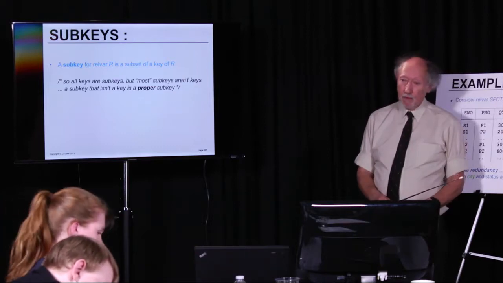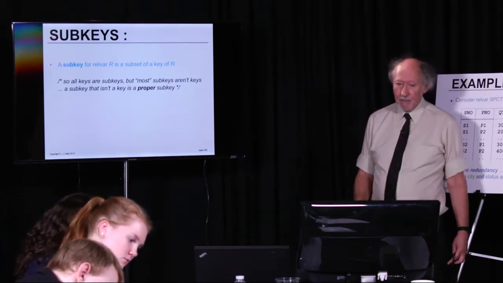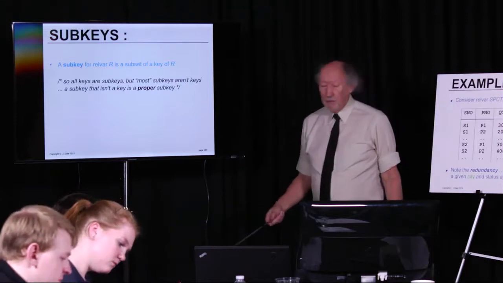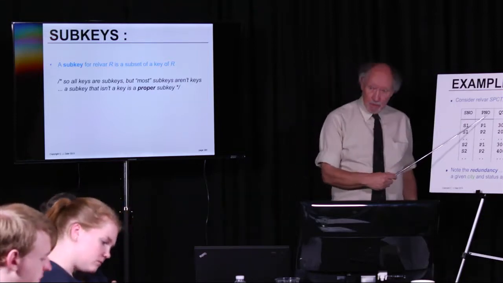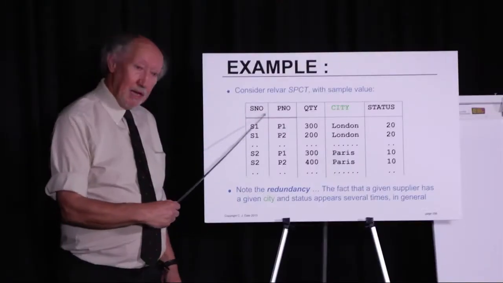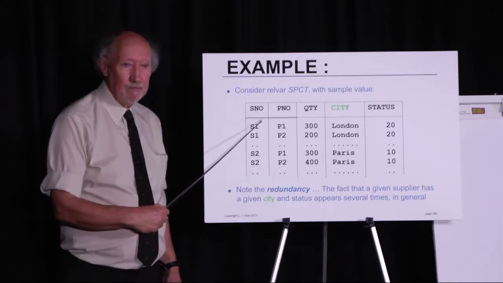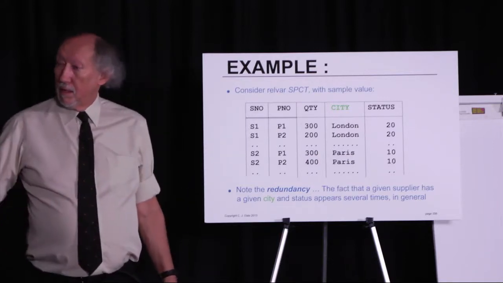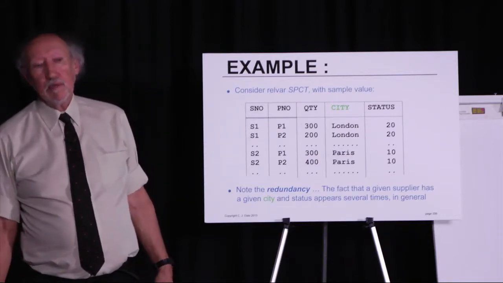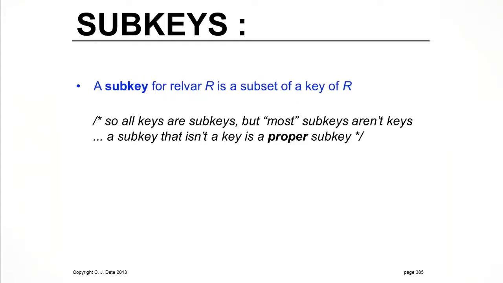A subkey, of course, is a subset of a key. So, for example, supply number and part number is a key. Supplier number by itself is a subkey. All keys are subkeys because every set is a subset of itself, but most subkeys are not keys. And a subkey that is not a key is sometimes called a proper subkey.